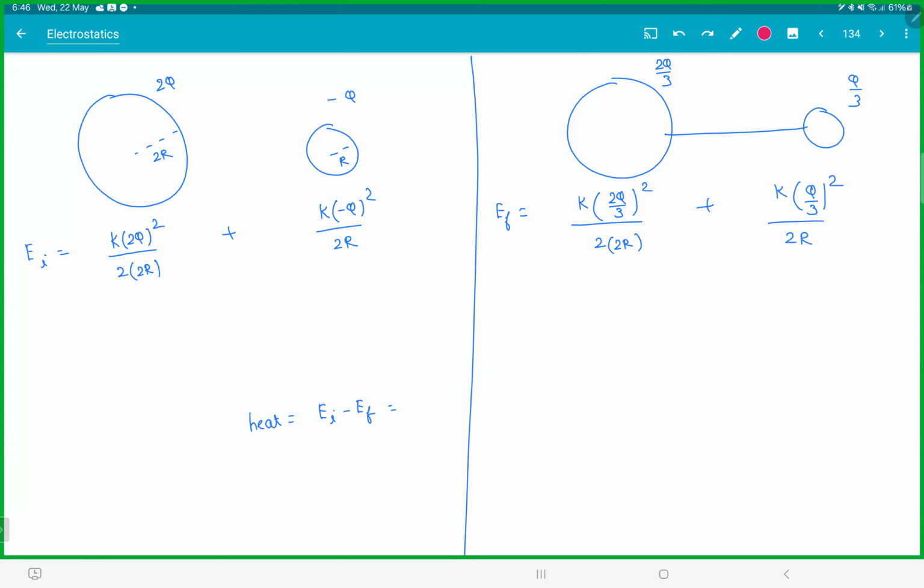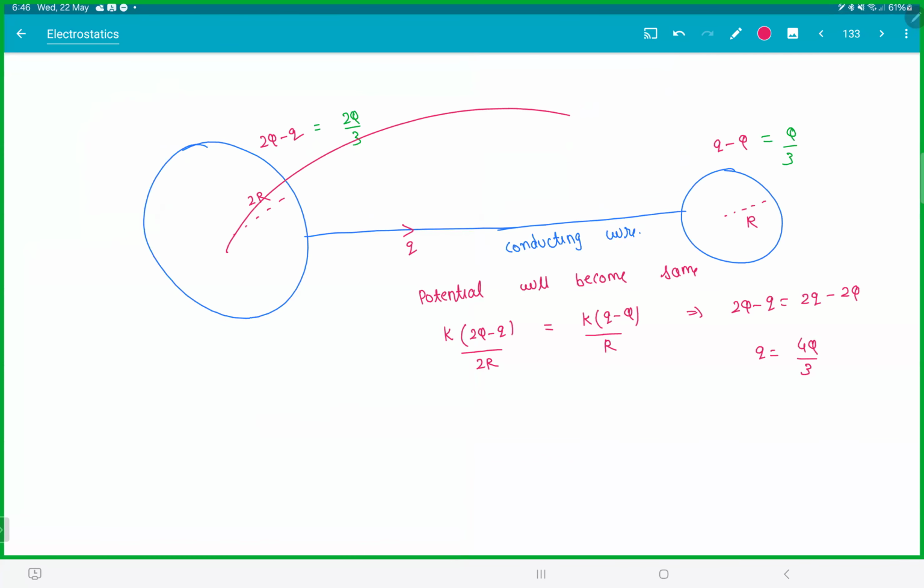You can ignore one issue, but that was creating so many issues. It was a mess. First, this potential will affect this potential, which will affect this. Second, charges will induce, and if charges induce, the self potential due to itself will change. That was the second issue. Third, self energy will change. You can't have so many assumptions. It's not chemistry and organic.